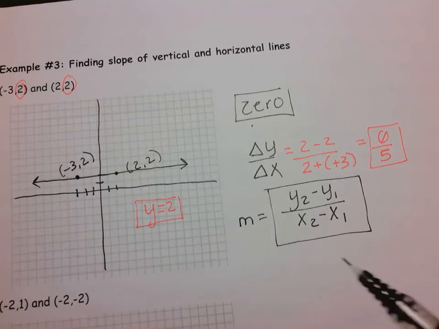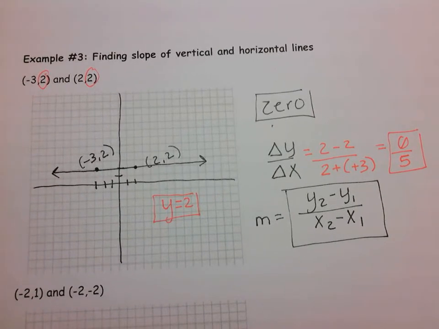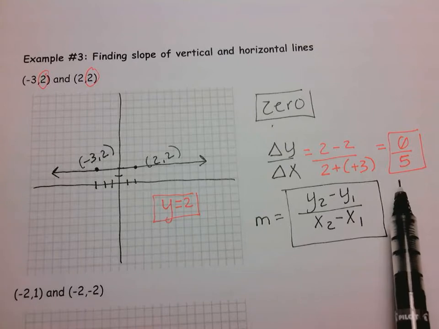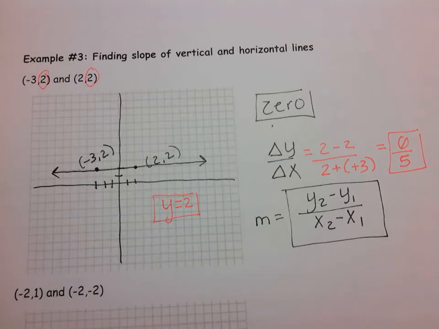Slope is abbreviated with an M. And that is your formula for slope. Make a note card and start going over these because there are a lot of formulas you do need to memorize. But if you look at this, you can see mathematically, what do I get when I solve for my slope? I get 0 over 5. 0 divided by anything is 0. There's no change in y.